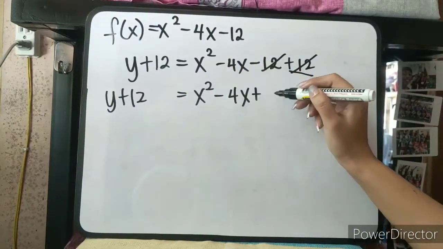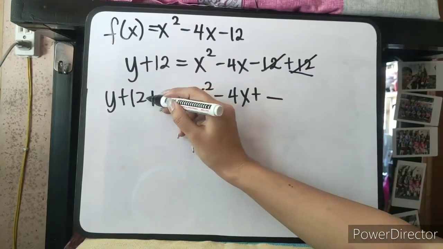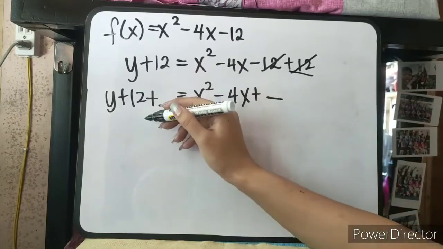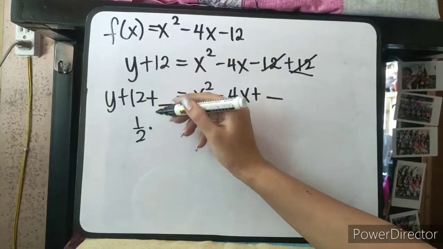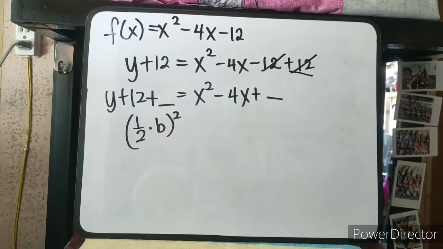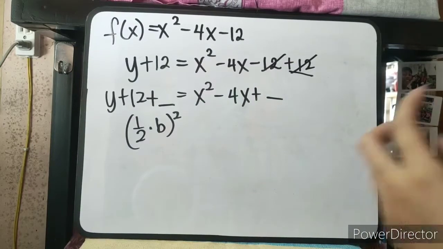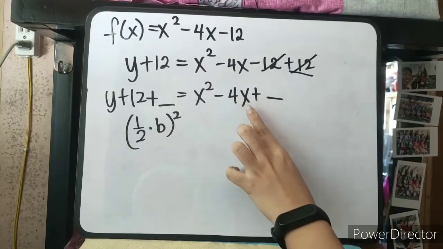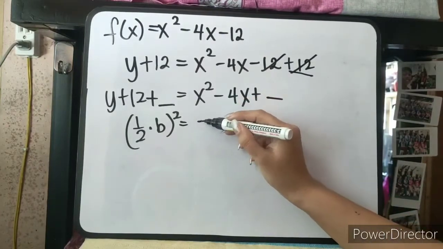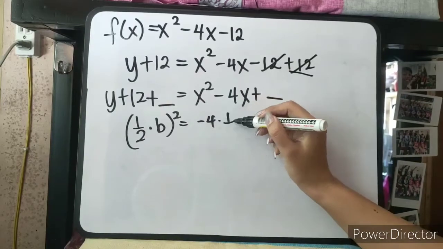And then, that's the time you will do the completing the square. Yung 1/2 times your b, and then you will square. Okay? So, ang b natin this time is yung katabi nga ng variable x, is negative 4 times 1/2.